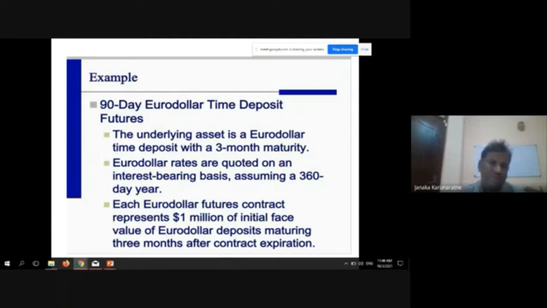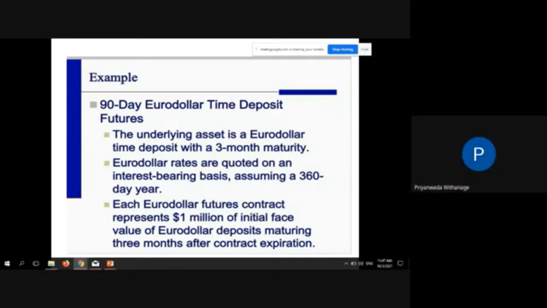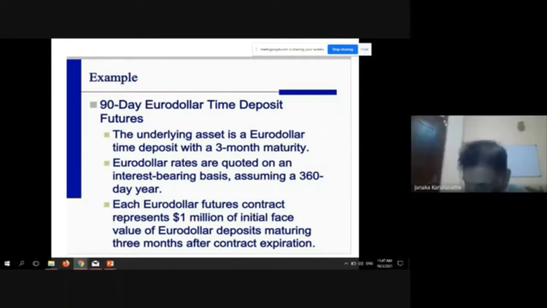Now you have 3.4 million, and there are futures contracts of $1 million. It is a simple thing I am asking. 4 contracts of 1 million.